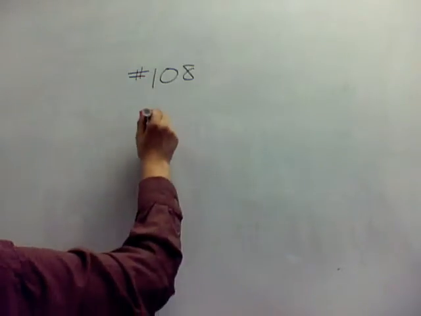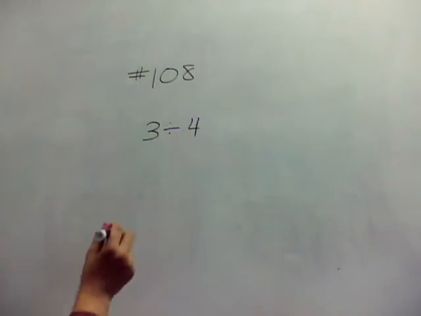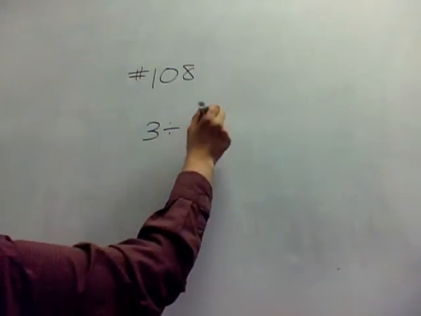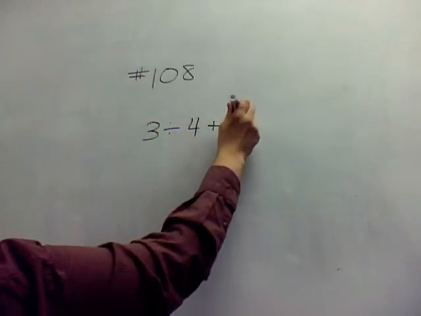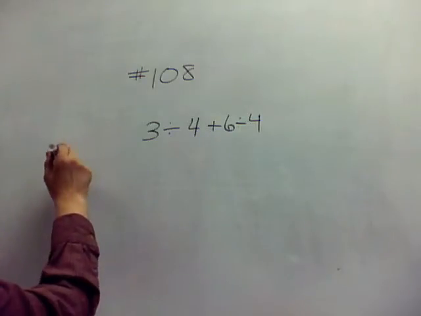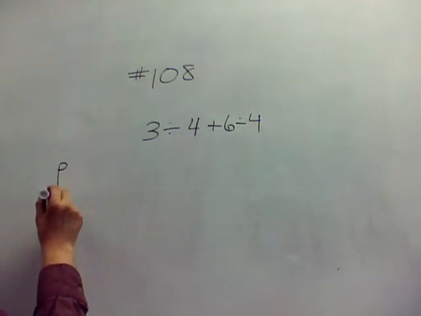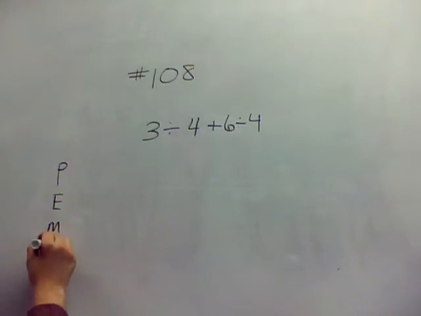Number 108 is 3 divided by 4 plus 6 divided by 4. The order of operations says parentheses, please, well, we're going to do please excuse my dear Aunt Sally.